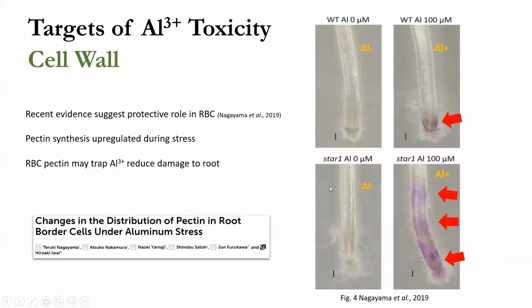STAR1 mutants right here actually cannot upregulate pectin synthesis during aluminum stress. And as shown by the big red arrows, the aluminum ion stained purple really invaded the root tissue up to the elongation zone, while in the wild type, it's mostly trapped inside the root border cells.